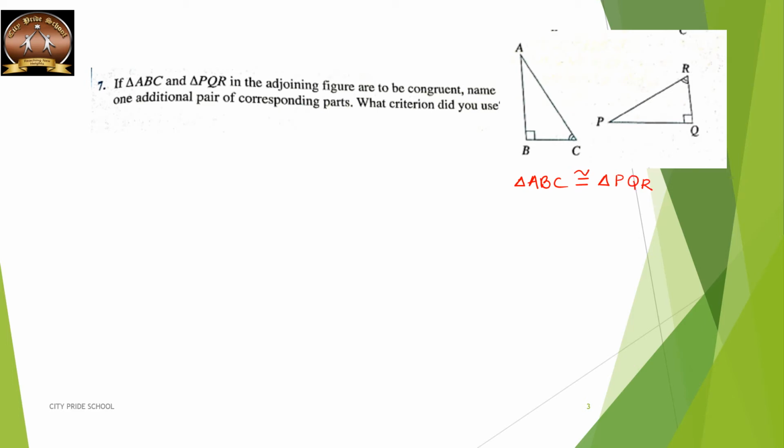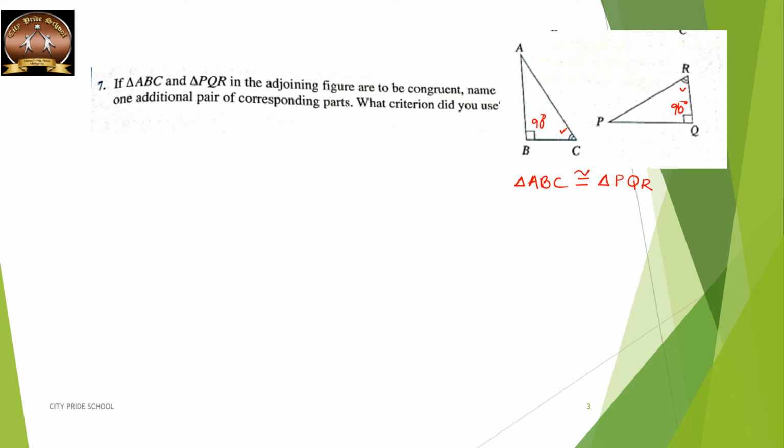So here it is given, you have to find out the one additional pair of corresponding parts which is required to prove these two triangles are congruent. So you can see that here angle B is equal to angle Q because both are marked as 90 degrees. So angle R, which is having the same marking, is equal to angle C. But the third corresponding part is not given.